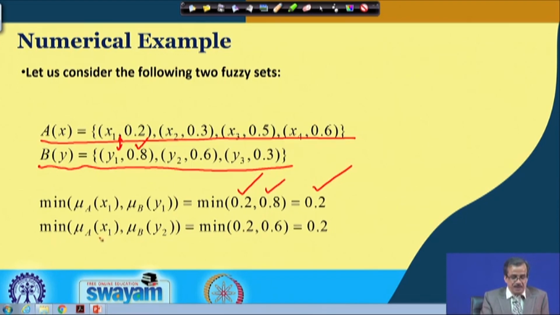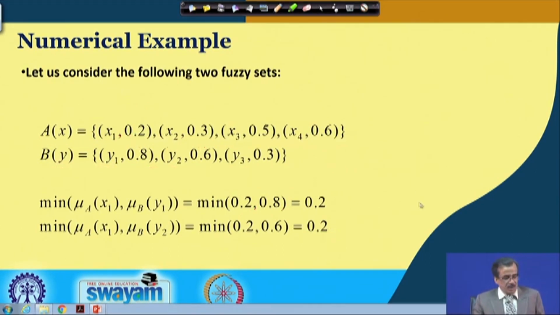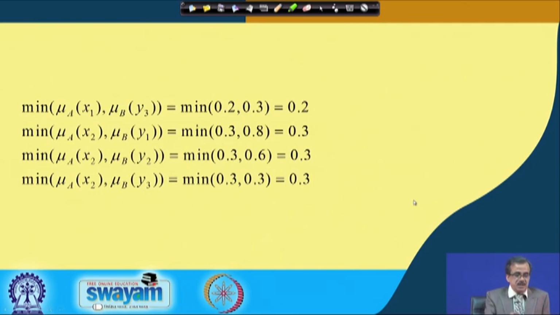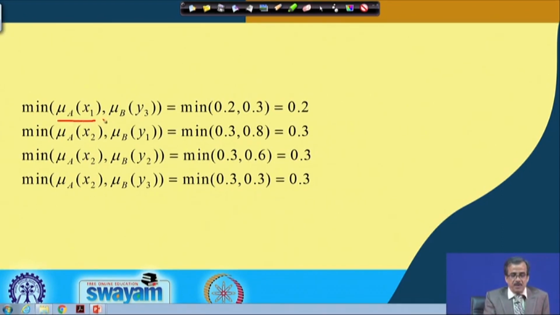Similarly, we compare mu A(x1) and mu B(y2), that is 0.2 and 0.6, and their minimum value is 0.2. Following the same procedure, the minimum between mu A(x1) and mu B(y3), that is between 0.2 and 0.3, is 0.2.